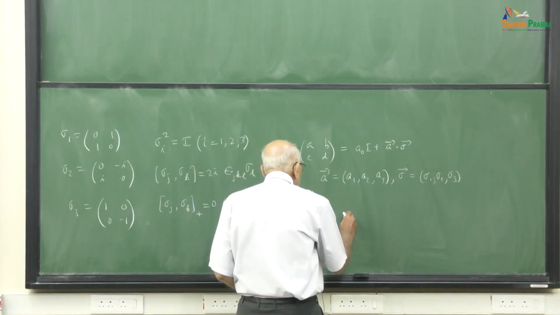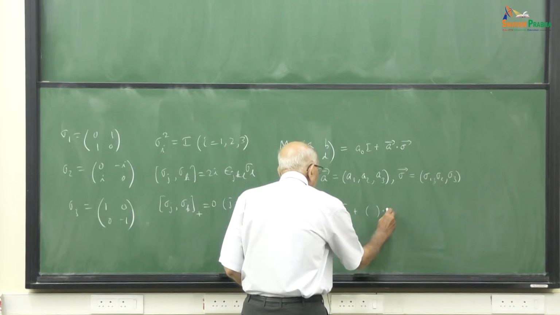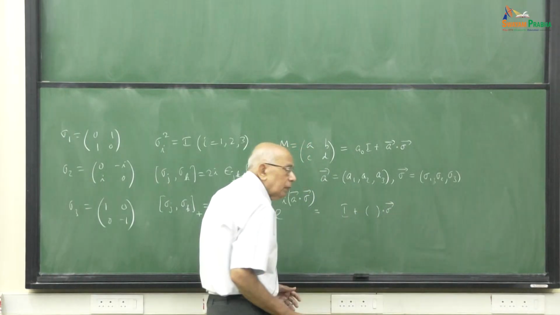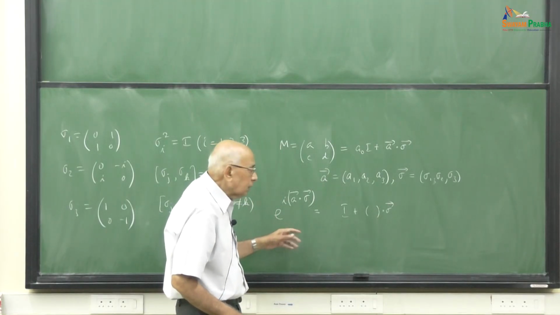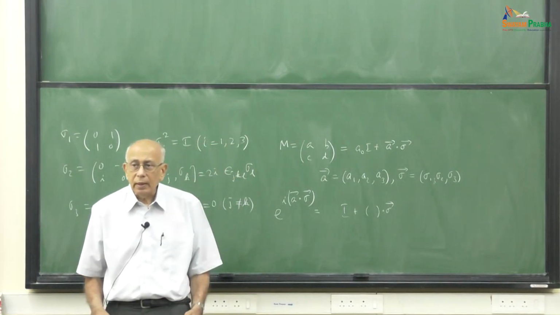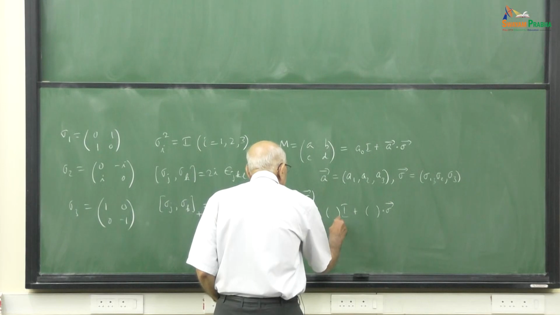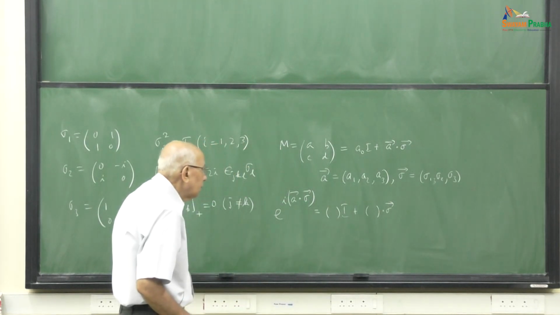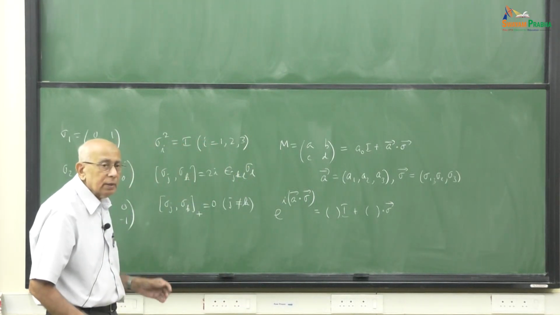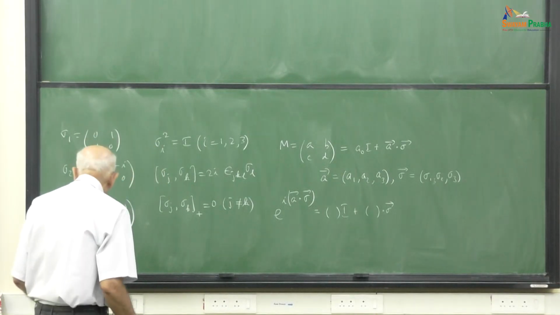It should be something like I plus something dotted with sigma. Need not be the same vector a, but some other vector b maybe, dotted with sigma. So it's got to look like that. There's no choice. And I could also have a coefficient depending on the a's. So the answer must look like that, necessarily, no other choice. And the question is, what is it?